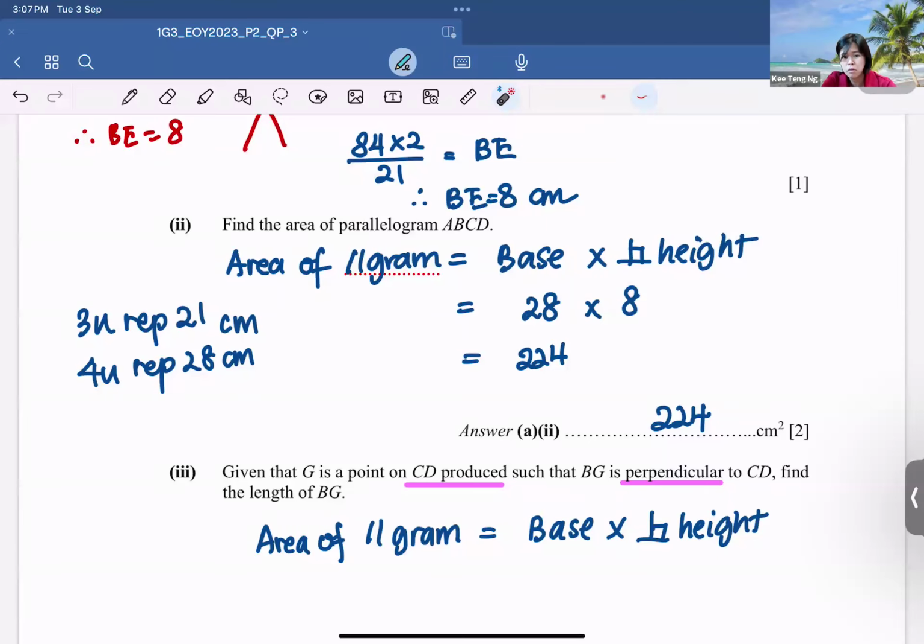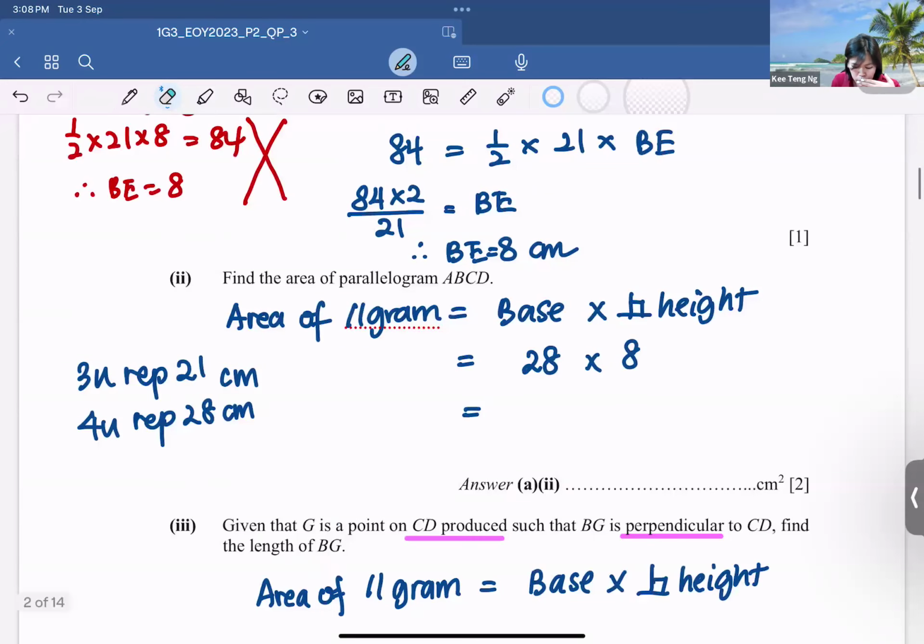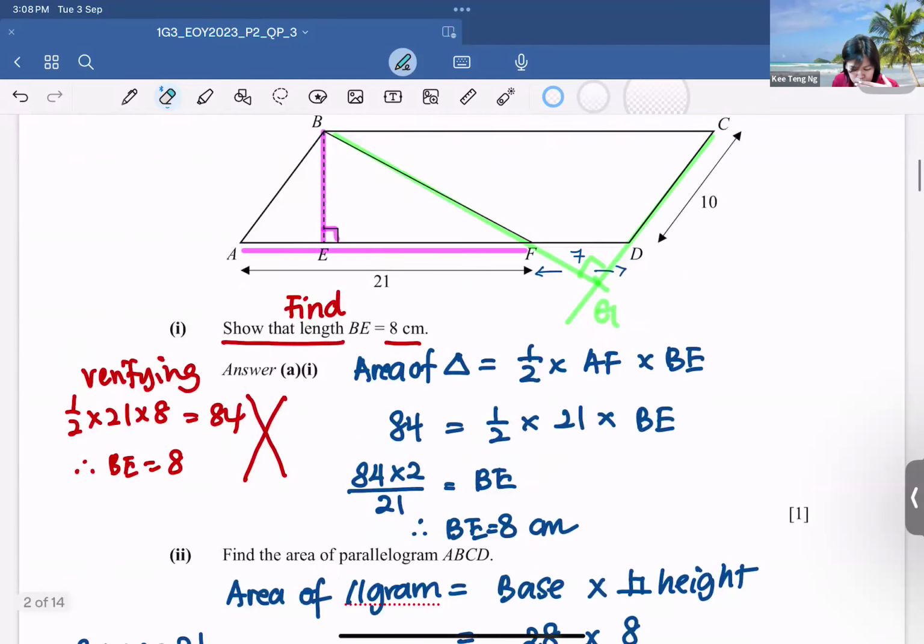Give me a minute. I remember my answer is not this number. Okay, cannot remember. Divide by 10, answer is 2. I remember the answer is 28. Wait. Can you help me check my base times, is my answer correct or not? 112. So I multiplied something wrongly? Yeah, 28 times 8. I got 224, why do I keep counting 224? Area of parallelogram is base times perpendicular height.